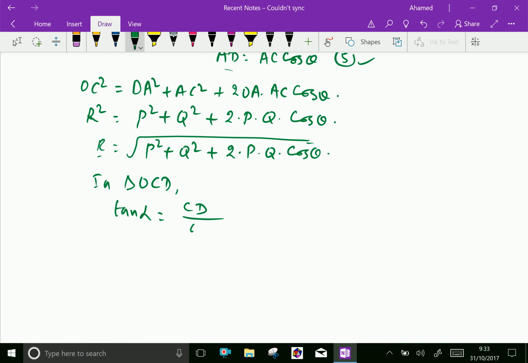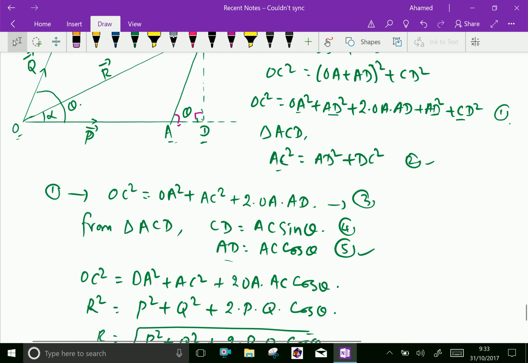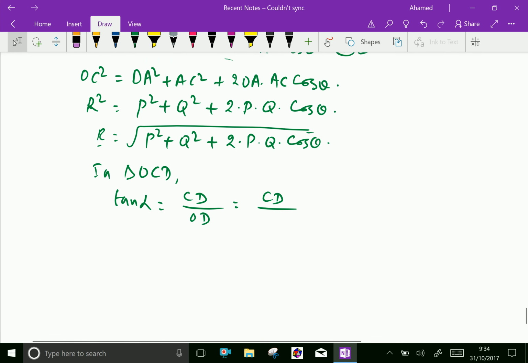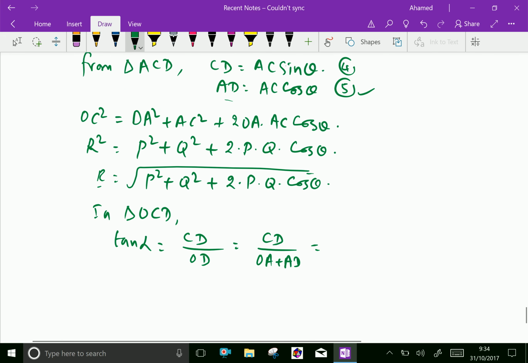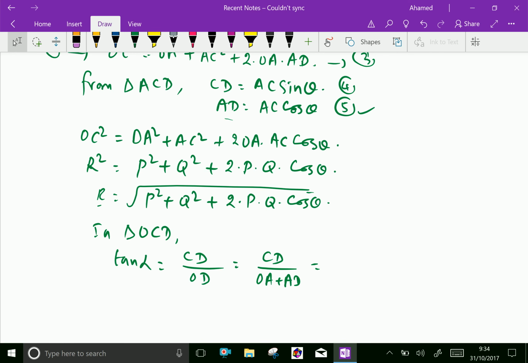CD we write as it is. Instead of OD we can write OA plus AD. Further, CD is AC sin theta.